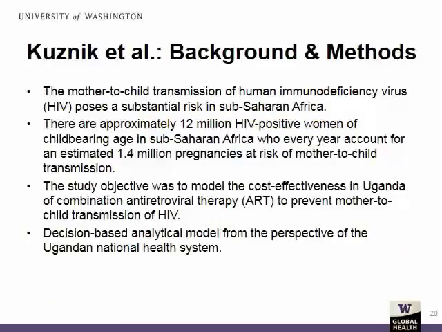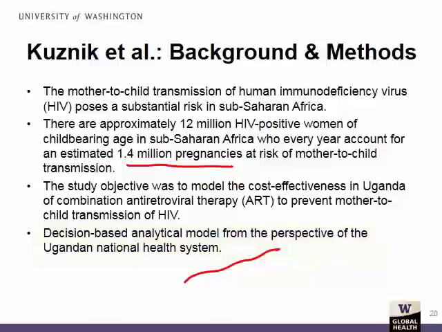And the background of the study is that you still have 12 million HIV positive women of childbearing age in Africa every year, and they account for 1.4 million pregnancies. So you have that risk pool, and this model was to see whether combination ARVs were cost effective for preventing mother-to-child transmission of HIV. They used a decision-based analytic model. We'll see decision modeling in week 5 and 6 of the course.